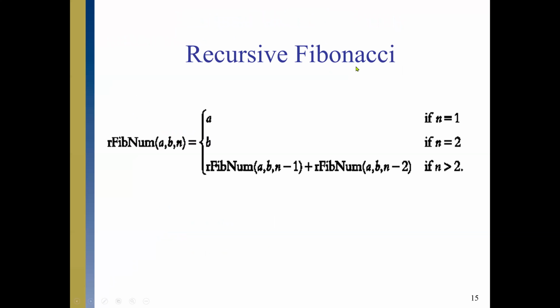Another example is the recursive Fibonacci. We know a Fibonacci number means we add the two previous numbers. So for example, Fibonacci of 0 is 0 because I don't have any two previous numbers. Fibonacci of 1 also is 1. Then Fibonacci of 2 will be the two previous numbers.